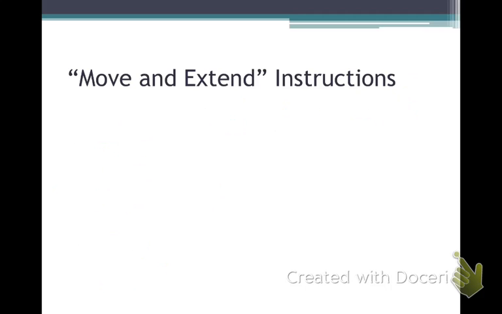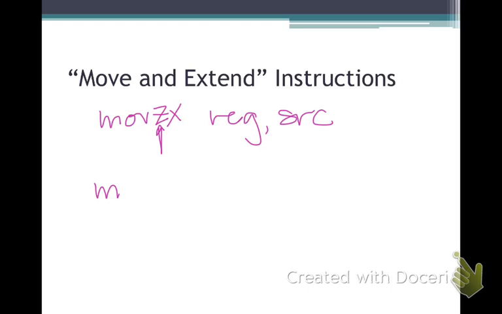I actually have a couple of them. MOVZX is move and 0 extend, source to register. Okay, so move with 0 extension. This is going to move an 8-bit or a 16-bit source to a 16-bit or 32-bit destination, 0 extending the source value. The other version is MOVSX, move and sign extend.